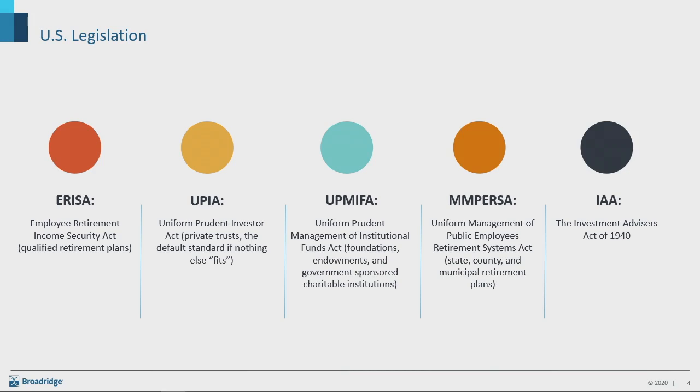As you all know, this isn't an exhaustive list. There are a number of other federal laws that cover different types of portfolios or service providers that supplement these laws, as well as additional state laws.